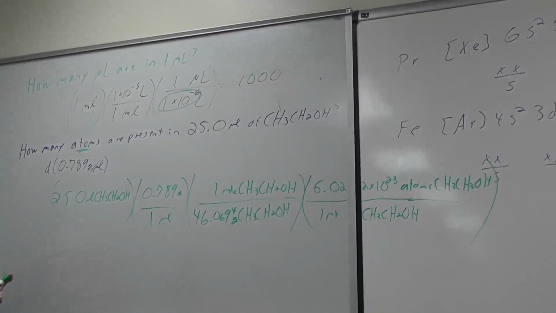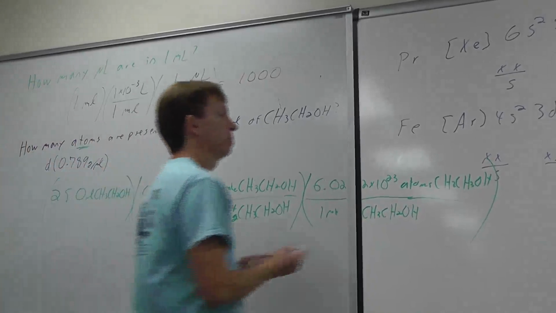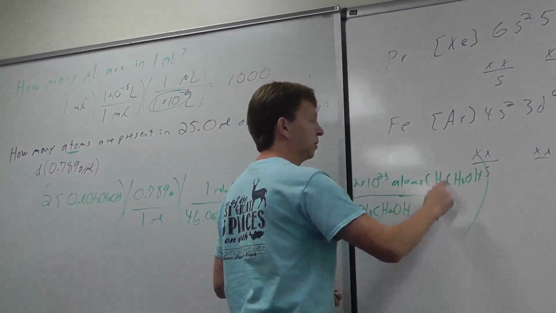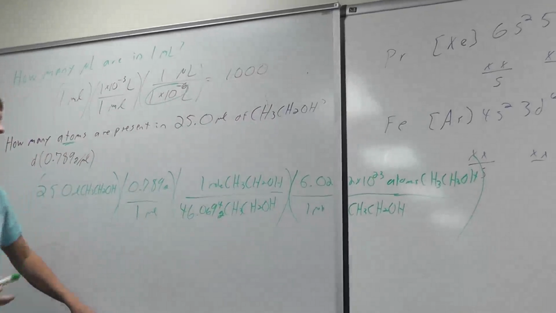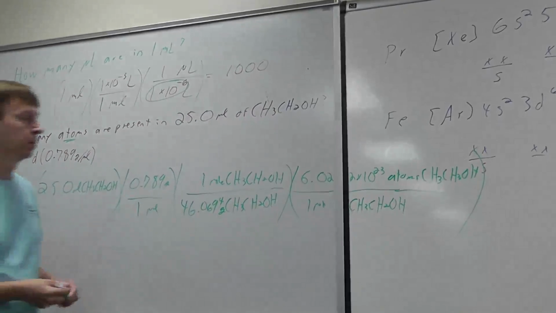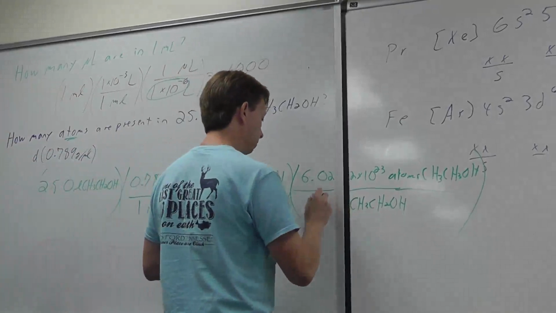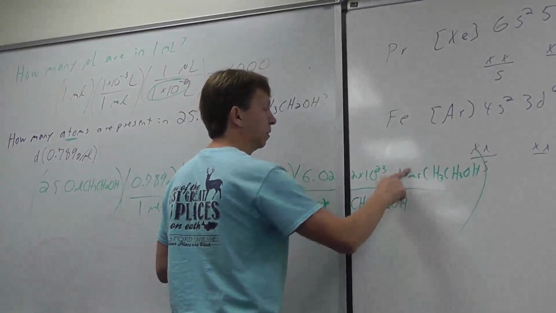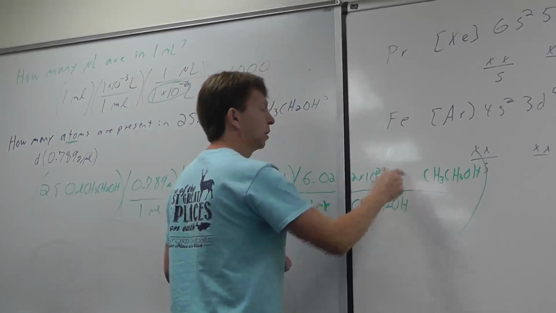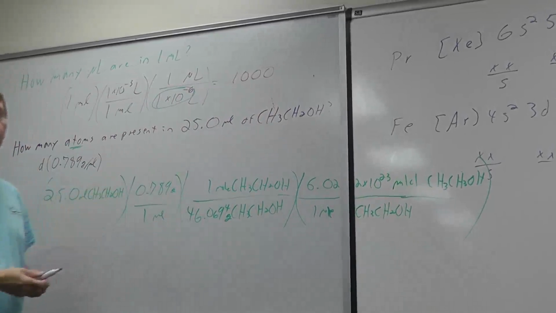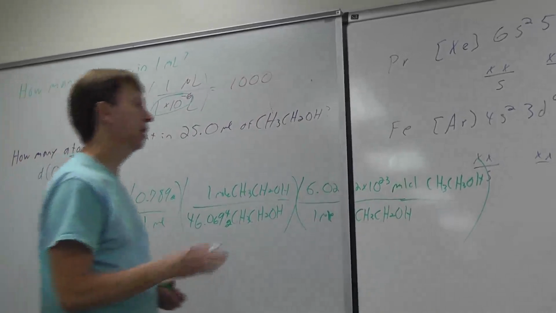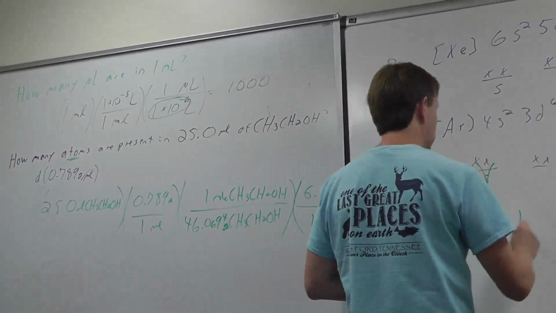Good. It's not necessarily a problem with the math, but it goes back to our definitions of atoms and molecules. The smallest particle of a compound is the molecule. And so when we're relating moles of ethanol by Avogadro's number, that's not going to be atoms, that's going to be molecules, which means we still have another step to go, where we look at how many atoms are in the molecule.